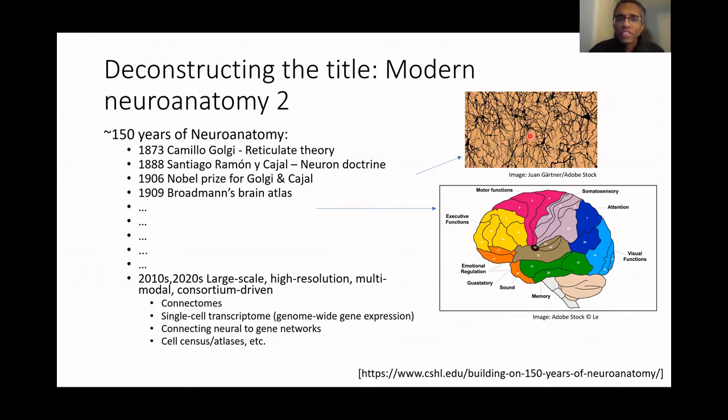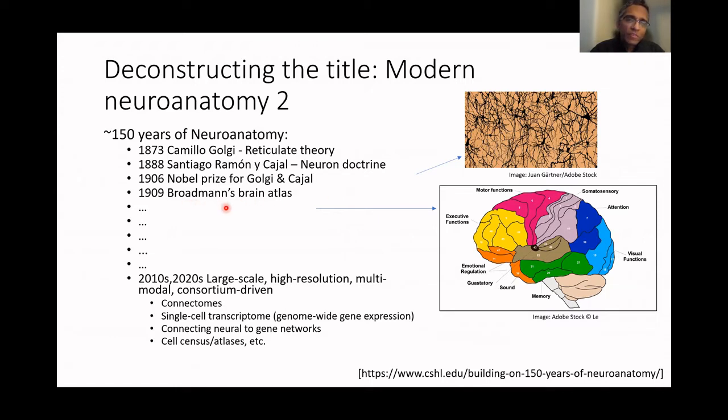These neurons are basic units, cells, that are connected to other nearby cells, and they form the neural network inside the brain. For this work they were both awarded the Nobel Prize, one of the first recognitions of neuroanatomy. There are several other awards and recognitions for trying to understand the most complex organ in our body, the brain.